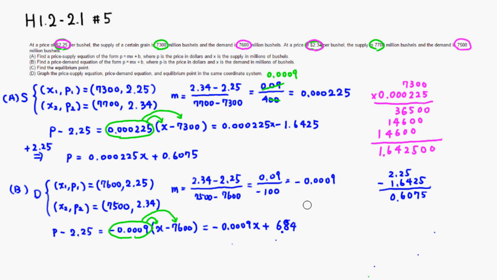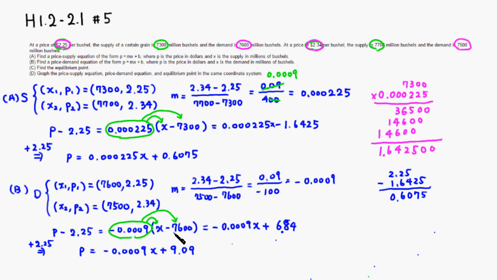Then last step, we can just add 2.25 so that we have P by itself, equal to negative 0.0009x plus, 5 plus 4 is 9, and 2 plus 8 is 10, so it goes up, and 2 plus 6 is 8, and another 1, so it's going to be 9.09.